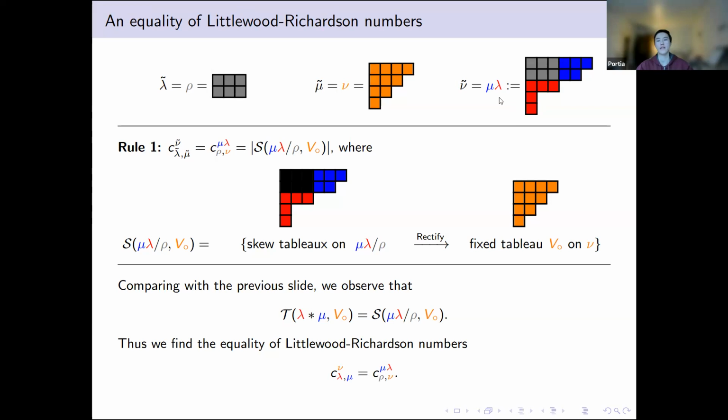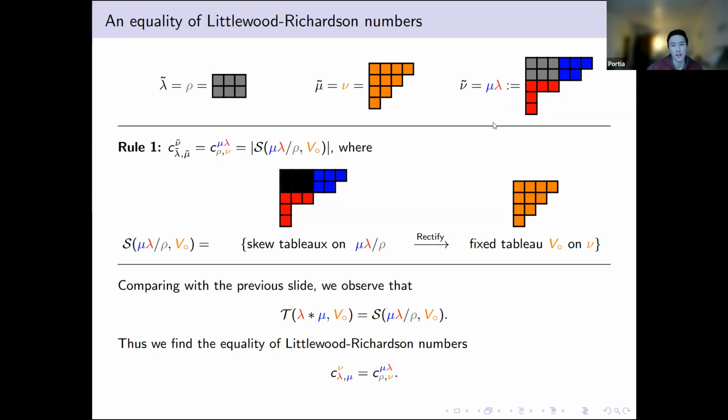And for some reason that I'm not going to try to explain, I'm calling this mu lambda. This entire diagram is going to be denoted mu lambda, and that has other reasons to do with things that I will not detail here.